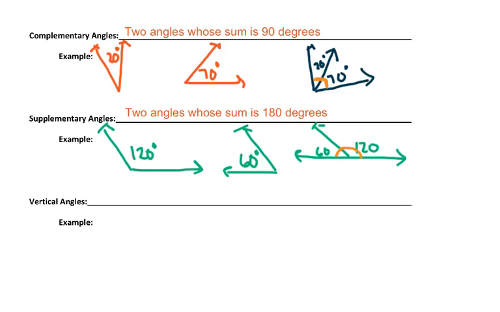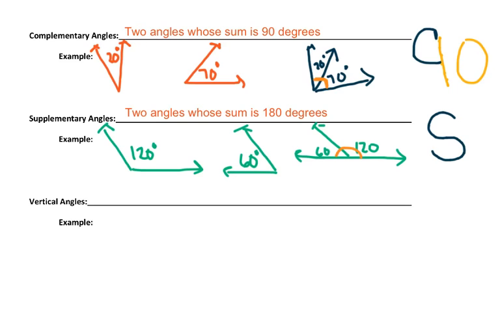Now, there are several students who get confused or mix up complementary and supplementary, so I have a silly way to remember it. Complementary starts with a C, and I'm going to make that into a 90. So complementary adds to 90, and 180 has an S for supplement.